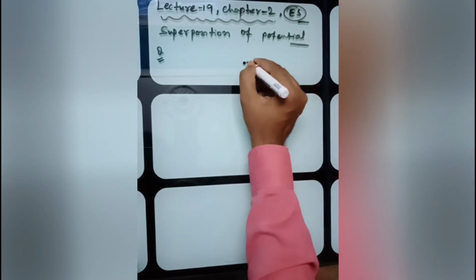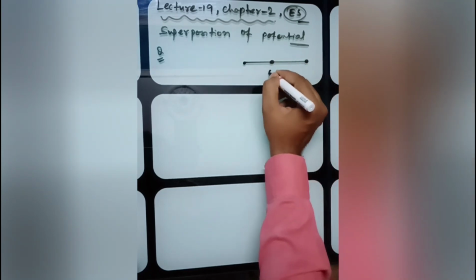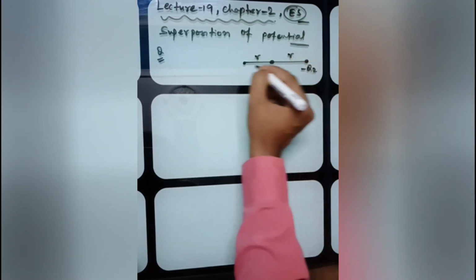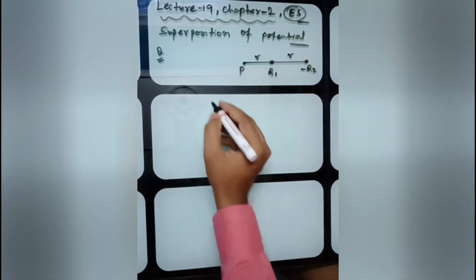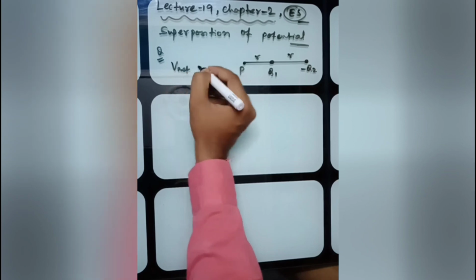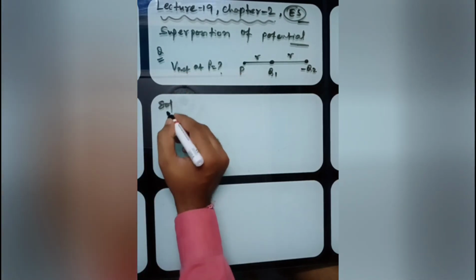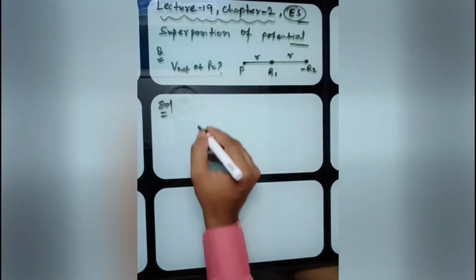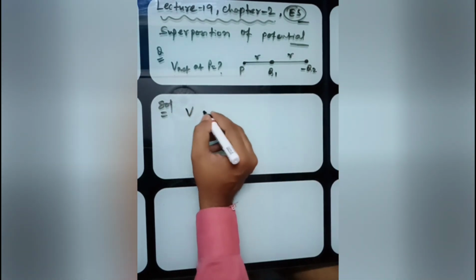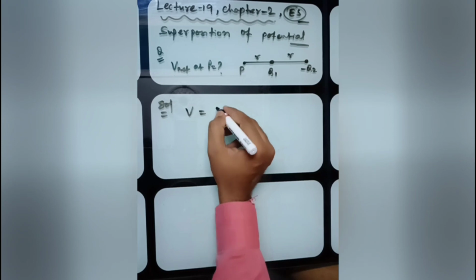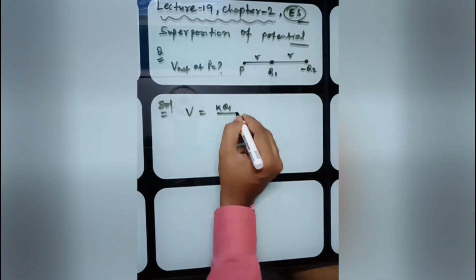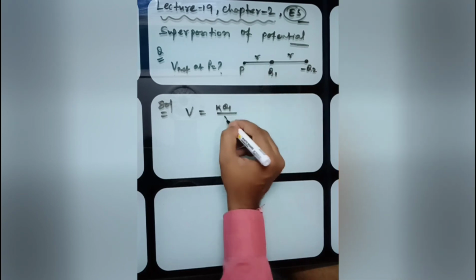Suppose you have two charges, Q1 and minus Q2, and you have to find the net potential at P. V net at P is equal to what? My dear students, it's very simple. V net is equal to plus, since it is the positive charge, kQ1 by the distance r.